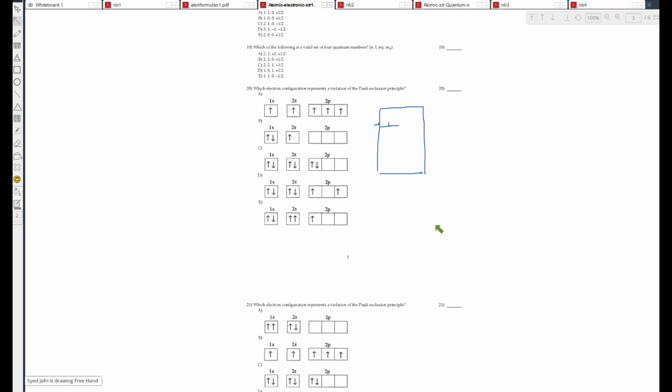When window seats are available, they are going to occupy them separately, and not sit away from the window. That is like having the same spin.